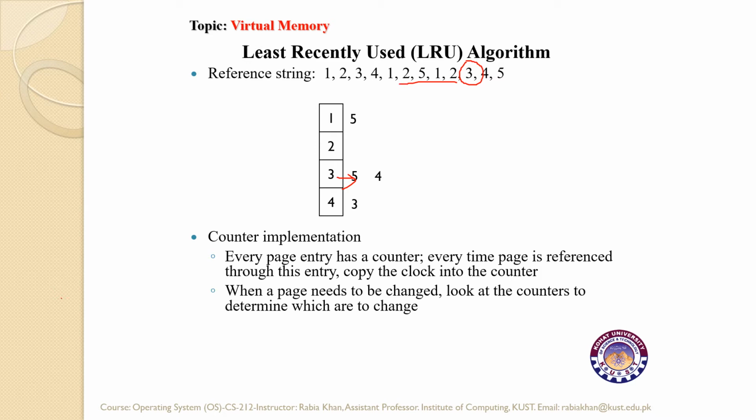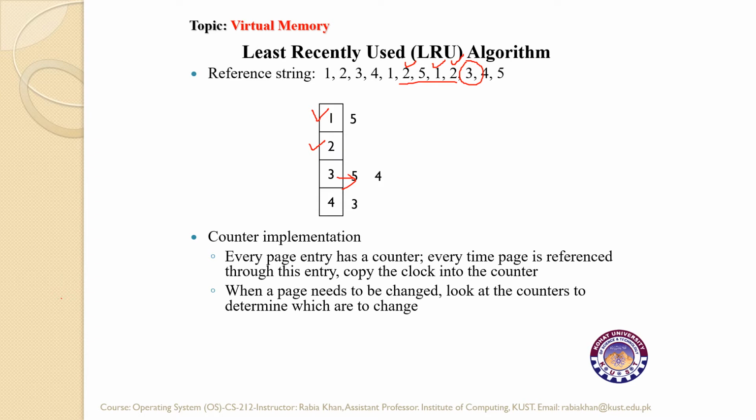Now compare the pages in the frames and the pages in this look back. The one which is farthest away will be replaced. As you can see, page number 2 is extensively used in the past, so it cannot be replaced. Page number 1 is also used in the recent past, so we cannot replace it.